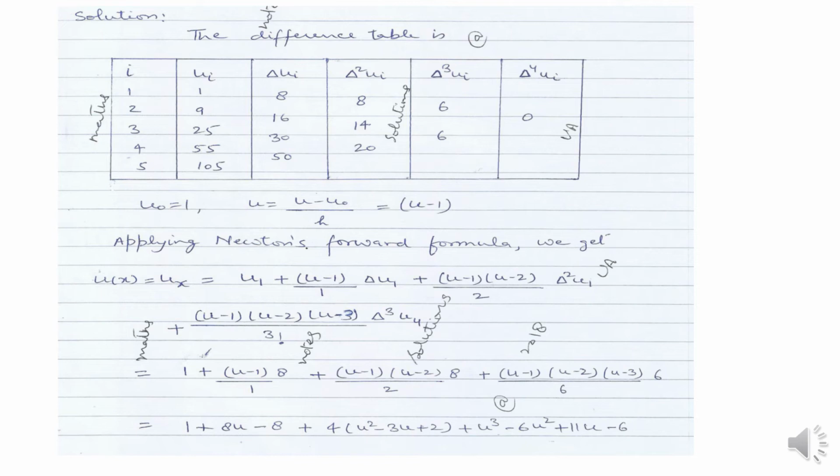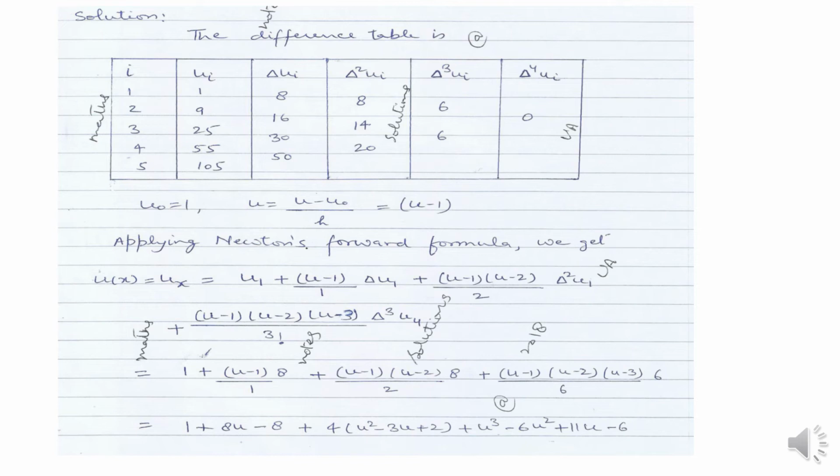In each column the same thing has been done: 9 minus 1 is 8, then 25 minus 9 is 16, then 55 minus 25 is 30, 105 minus 55 is 50.